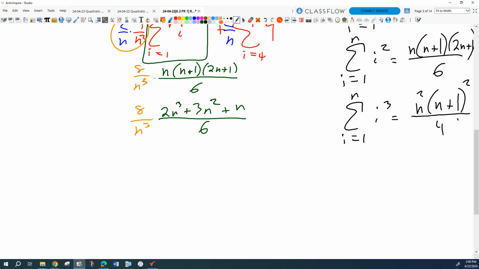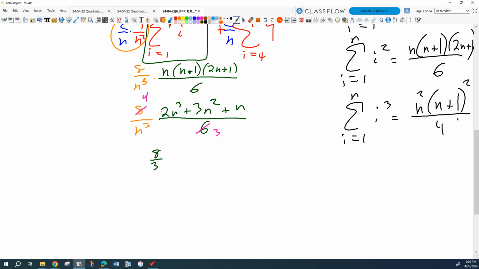Okay, and I could do a little cancellation here. 8 over 6, that becomes a 3, that becomes a 4. And if I were to distribute everything through then, what's that going to give me if I write that as separate fractions? 2n cubed over 3 times 4 over n cubed is what? 8 thirds times what? n cubed divided by n cubed. 8 thirds, right?